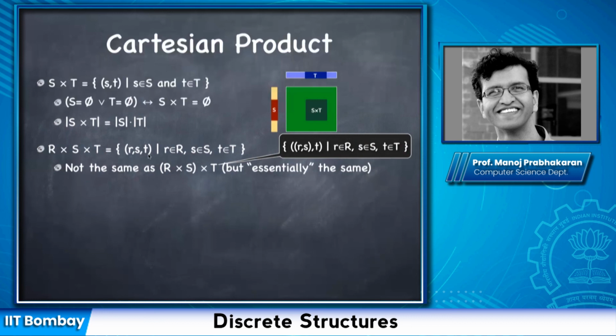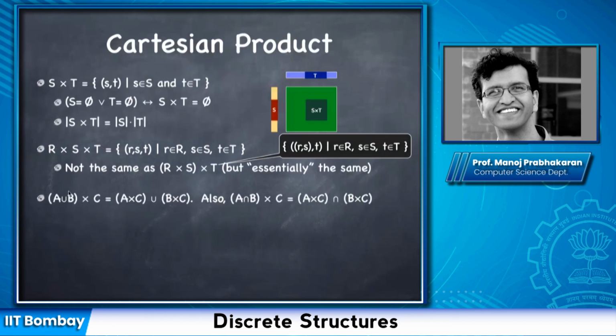However, they're essentially the same. There's a one-to-one mapping that lets you translate from these kind of pairs to these kind of triples. So they're essentially the same, but syntactically they're two different objects.